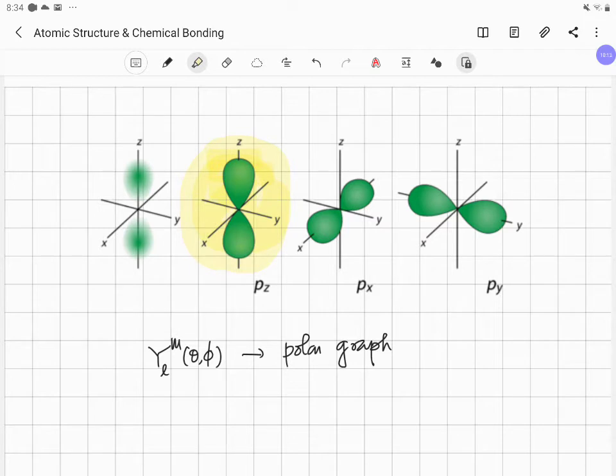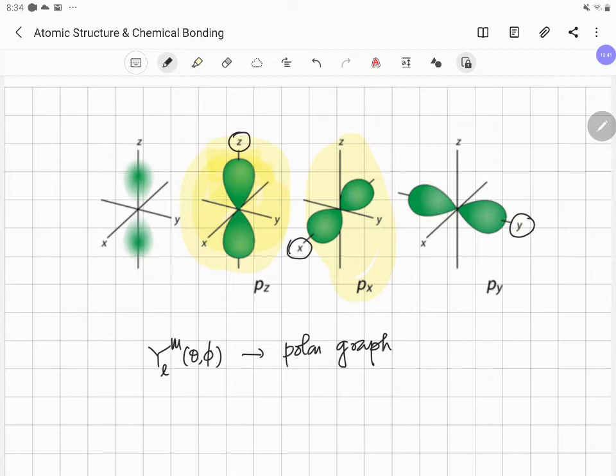And there is yet another orbital, which is called the px orbital. This one. In this px orbital, you can see that the lobes are oriented along the x-axis. You see that this is the x-axis, this is the z-axis, and this is the y-axis.